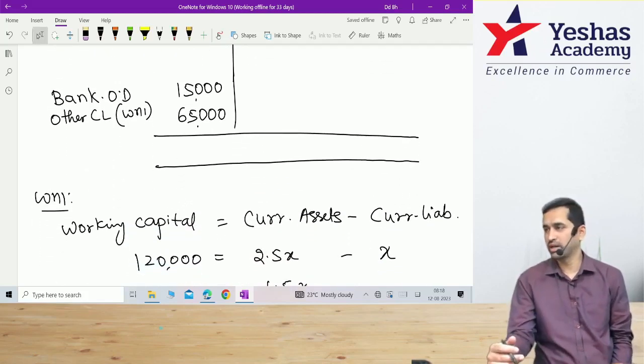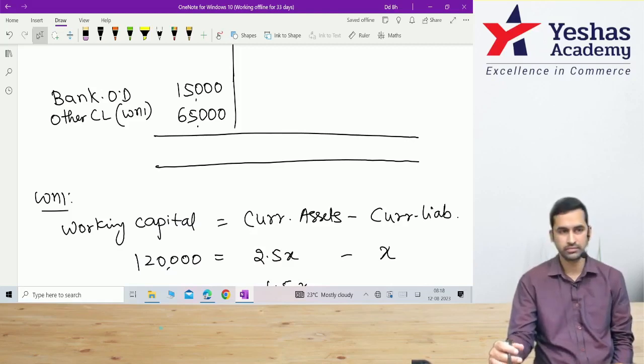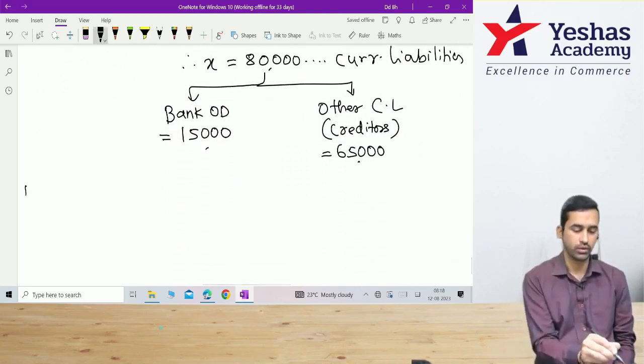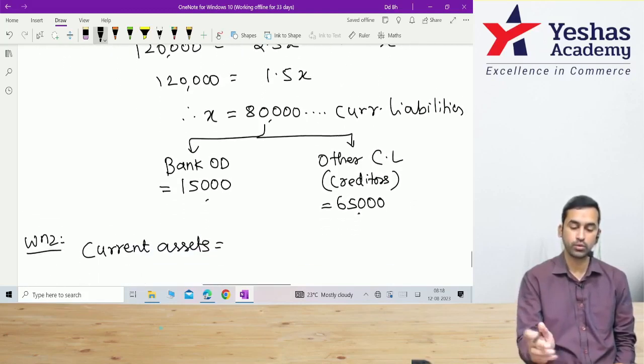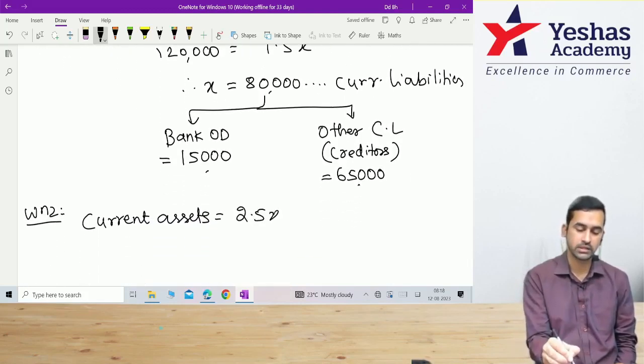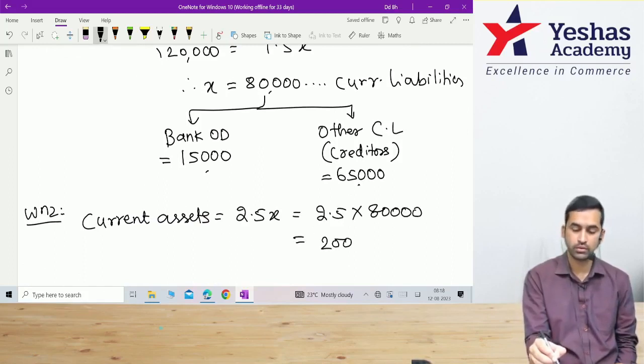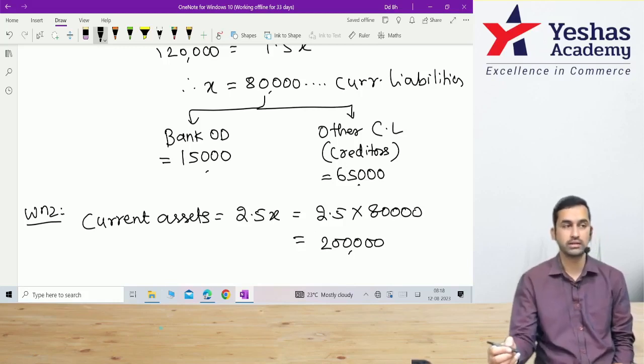Now using working note 1, I can even calculate current assets. So continue working note 2. Current assets is equal to, what did I write? 2.5x, correct? So 2.5 times 80,000, 2 lakh rupees is my current asset.